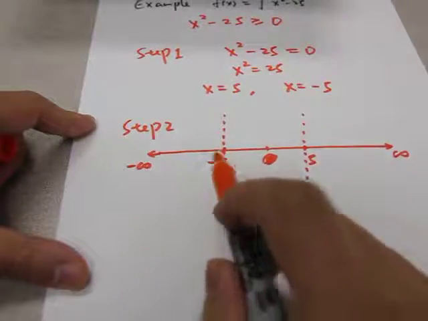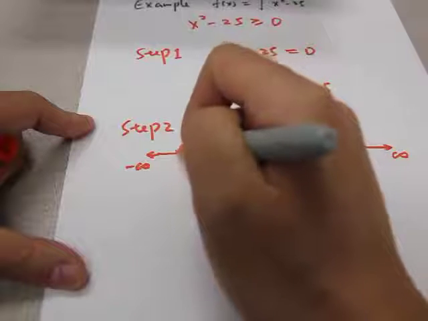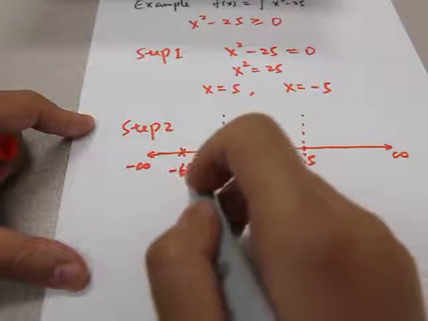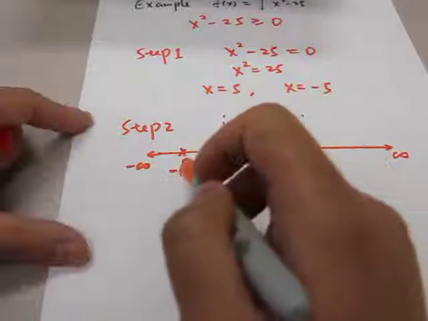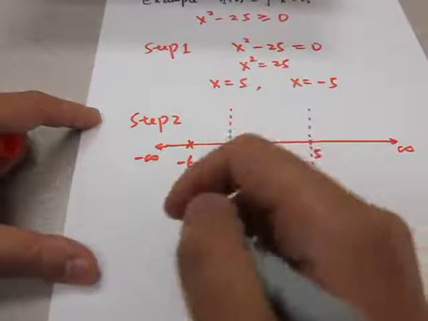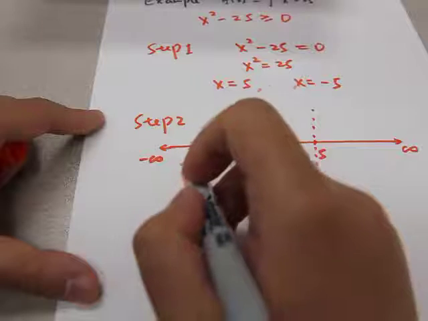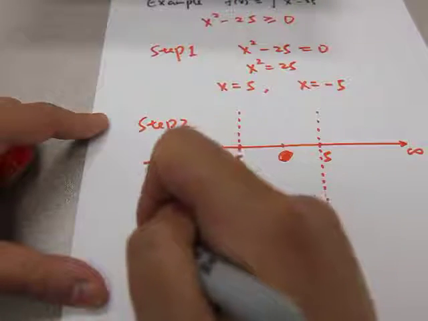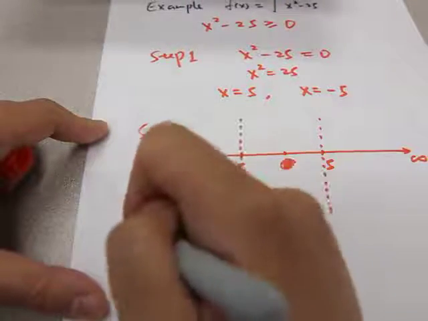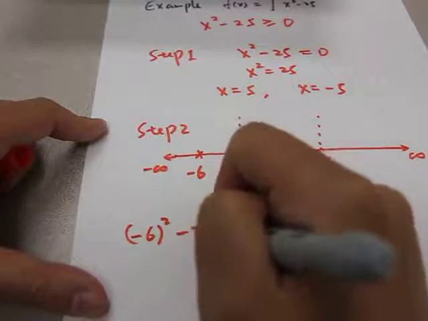Now, because we have 3 intervals, say from the first interval, I pick negative 6. It doesn't matter which number you choose, as long as the number is between negative infinity and negative 5, that would be fine. And so when x equals negative 6, x squared minus 25 is going to be negative 6 squared minus 25.